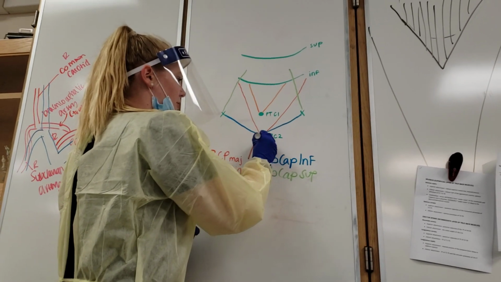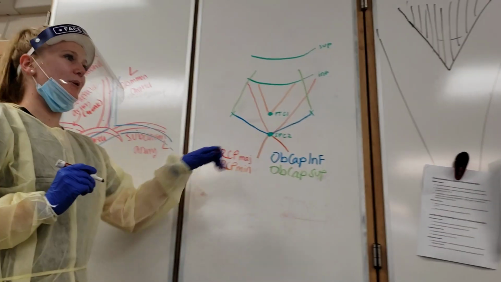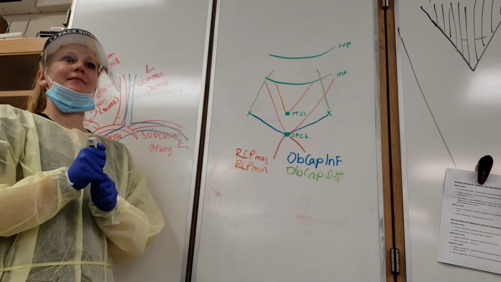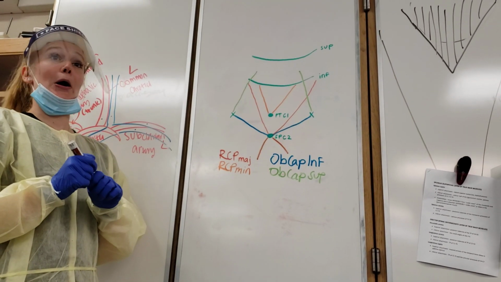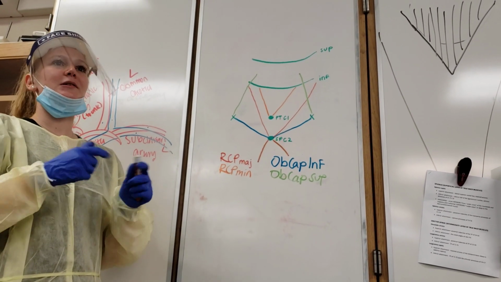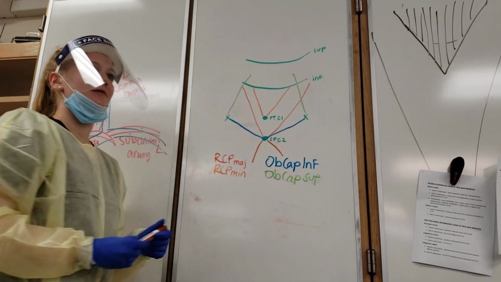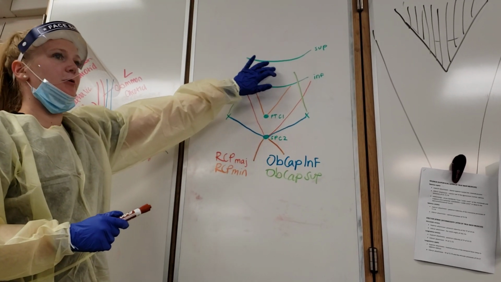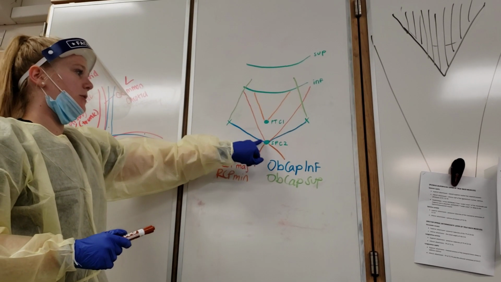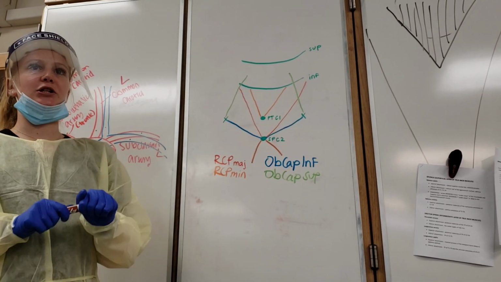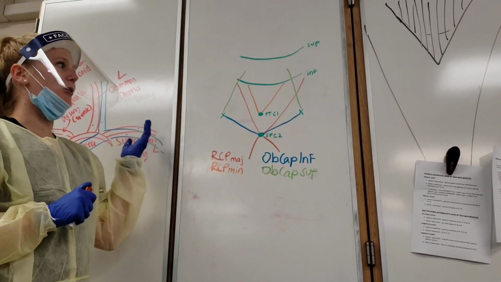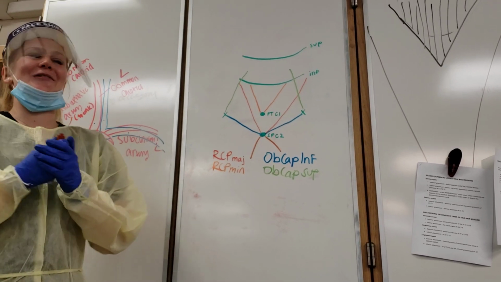So does anyone know what this would be? No. So that's the semispinalis cervicis. So capitis goes between superior and inferior nuchal lines, and cervicis goes to spinous process of C2. And that's how you draw the suboccipital triangle.